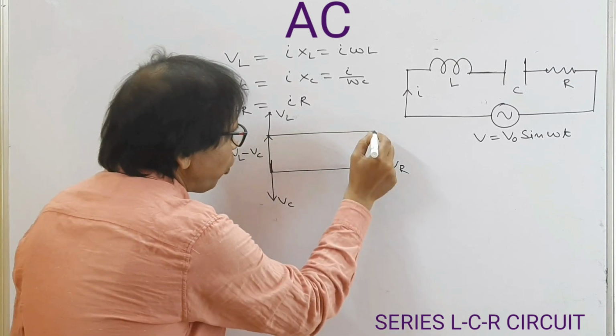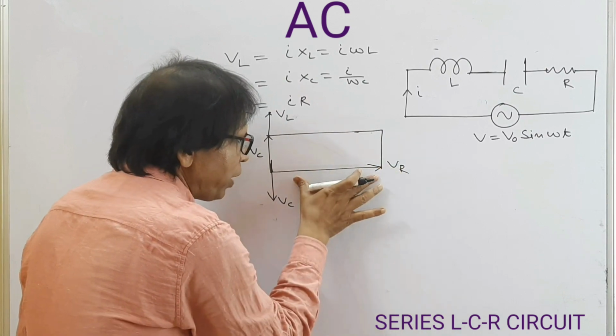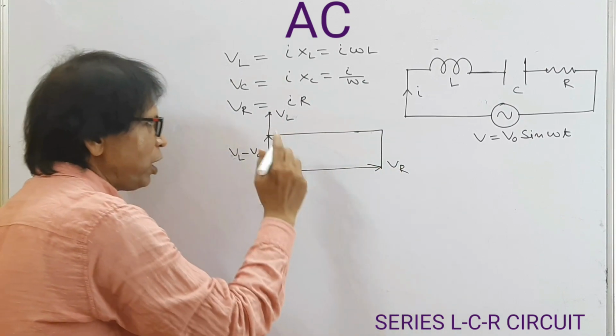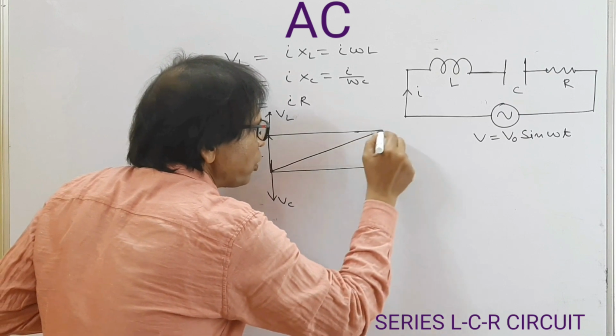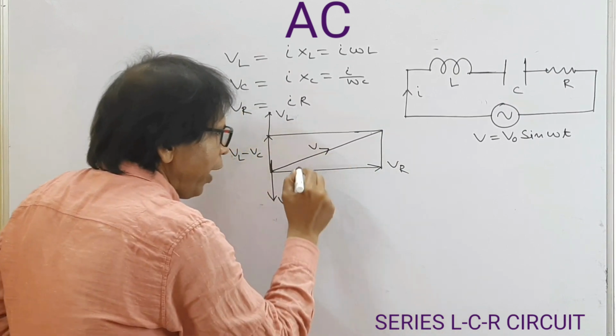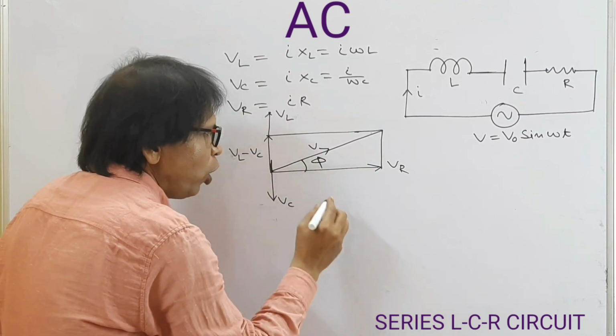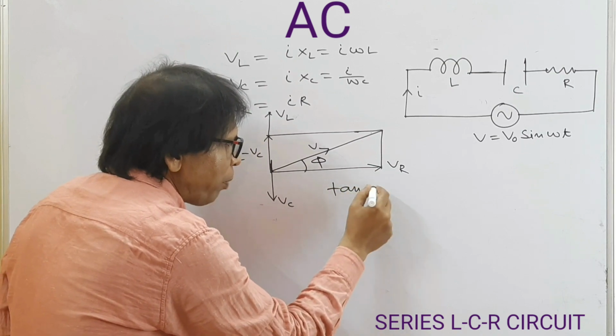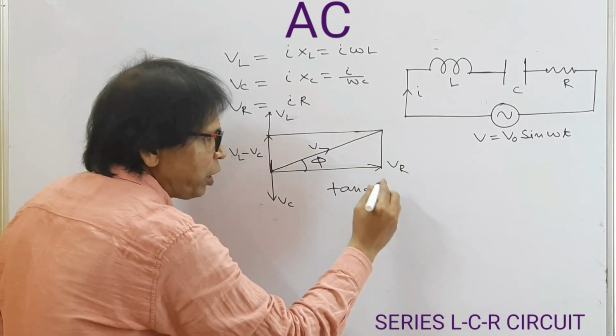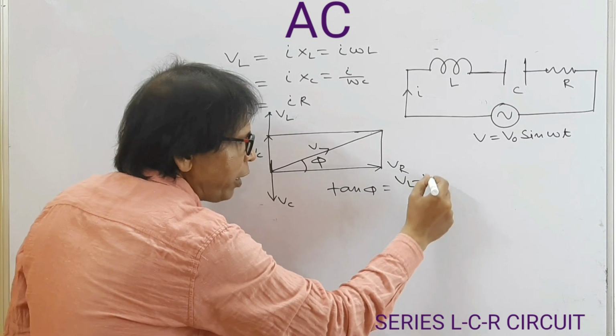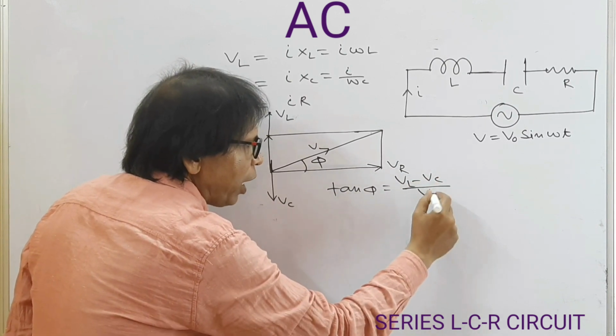Therefore, the resultant voltage, look at this, is VR and VL minus VC. So the resultant voltage is this V. Okay, and phi is the phase difference. So look at this, tan phi is VL minus VC divided by VR.